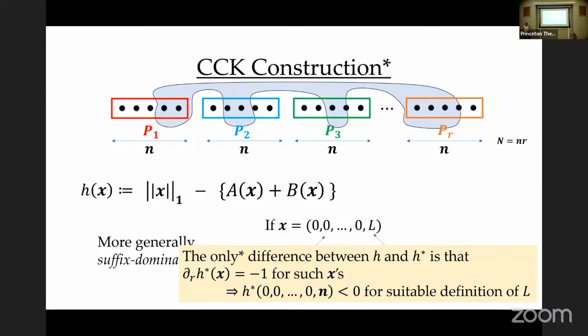And if I choose that large correctly, it just becomes a little negative. That's the difference between H star and H. You'll only get to see it when you're picking 0 elements from here, and by the time you even get there, you've used up your R rounds on it. But H star and H only differ at that last thing. And that skipping a shift is why we needed these two functions, A and B. Otherwise, we could have just kept one function.